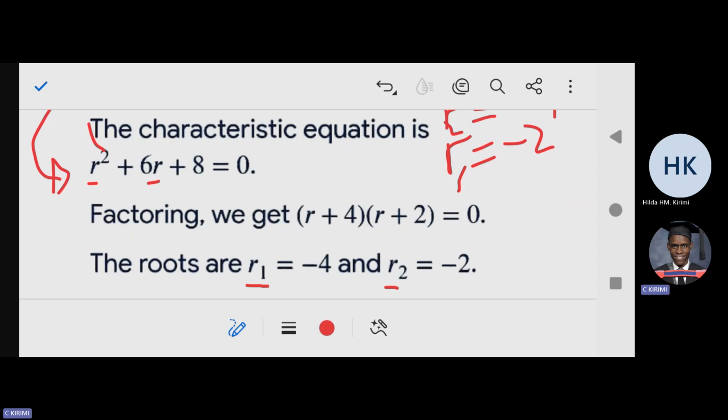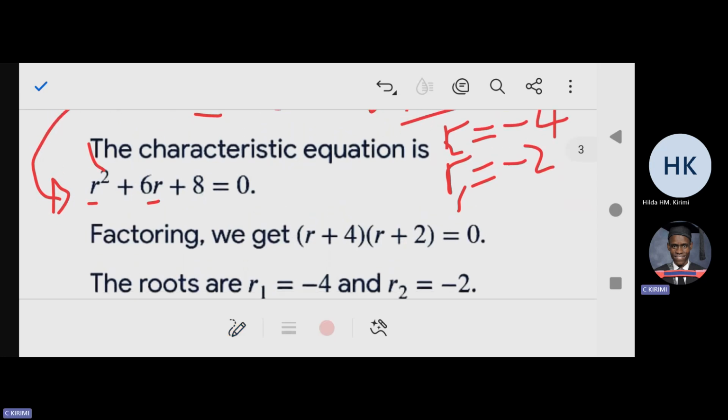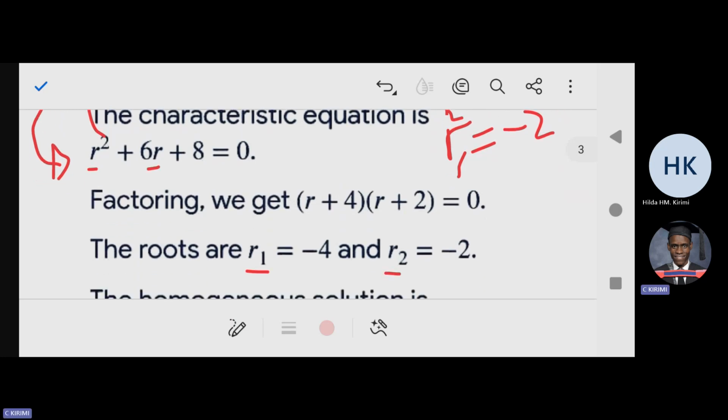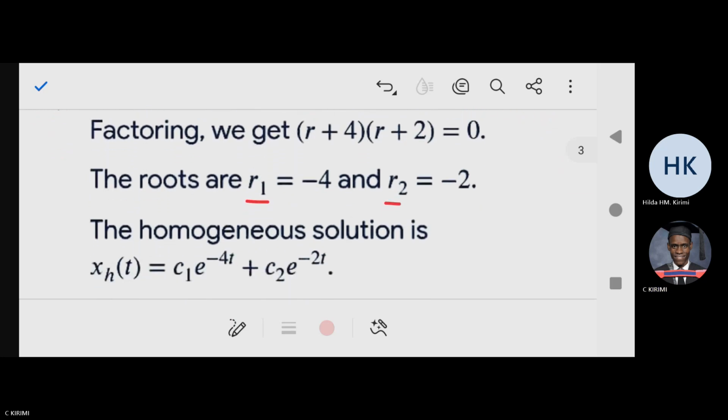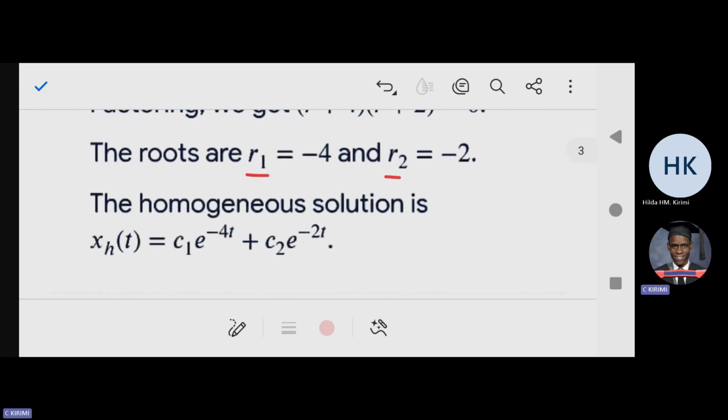All right. So once you have solved it quadratically like that, these are your roots. You have solved it by using quadratic factorization. Now, you form that homogeneous equation. How do you form this homogeneous equation?